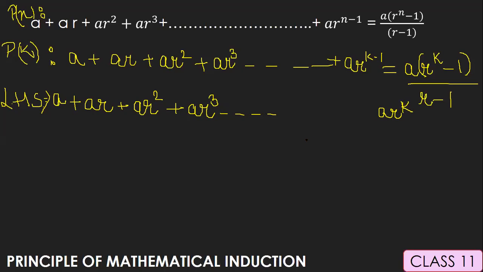Right? So as you could see, R is increasing in every term. The first term is A, the second term is AR, the third term is AR square. If it is R is for 1, this is R is for 2, then R is for 3.